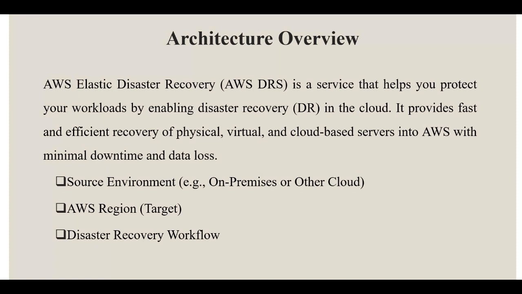The next is the AWS region, or otherwise we can call it the target. AWS Elastic Disaster Recovery Service receives and stores the data in the region. Recovery instances are created using the replicated data. The recovery environment can span multiple availability zones for higher availability.